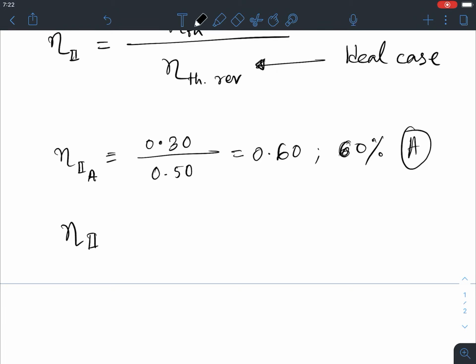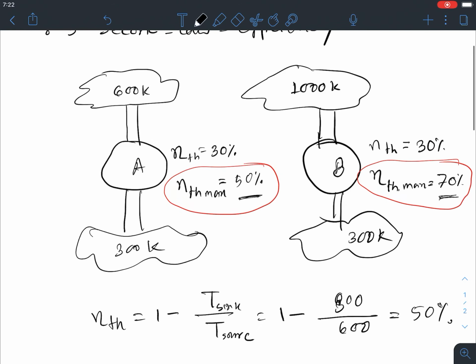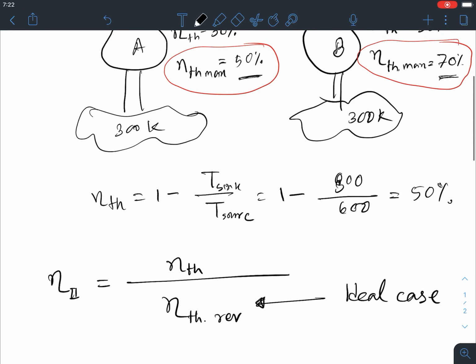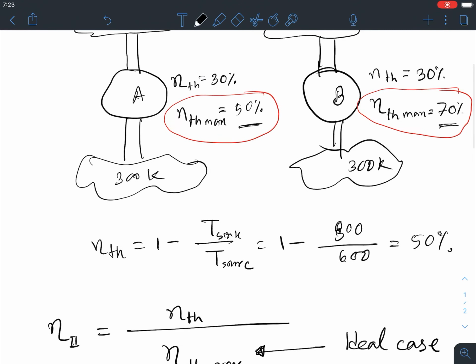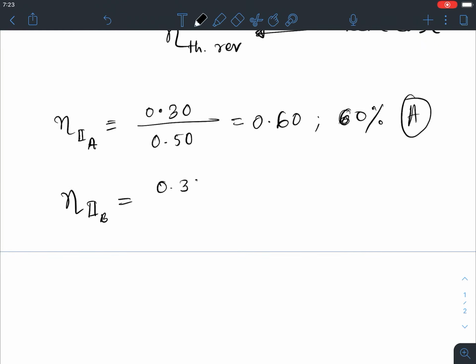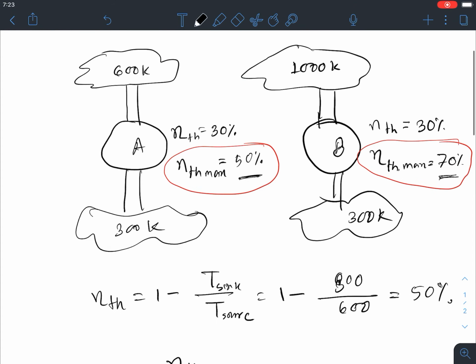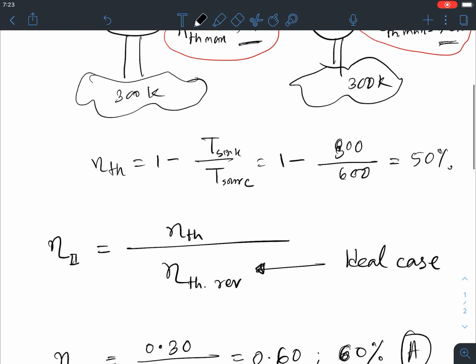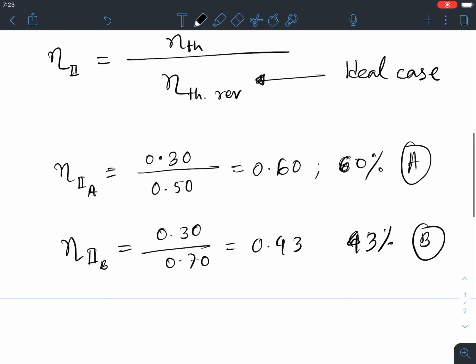Now for engine B, let's take a look. For heat engine B, the thermal efficiency is 30% and the maximum thermal efficiency is 70%. So 0.30 divided by 0.70, and we can see that this efficiency is actually 0.43 or 43%, right, for engine B. That means this information is misleading.